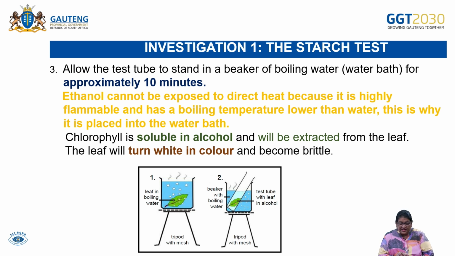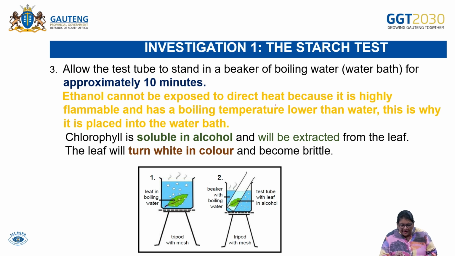You'll see the ethanol is going to boil faster, then later the water will boil at 100 degrees. As the ethanol is boiling, you're going to see that the clear ethanol is going to turn a beautiful green, and the leaf is going to turn white, because all the chlorophyll has been extracted. So allow the test tube to stand.